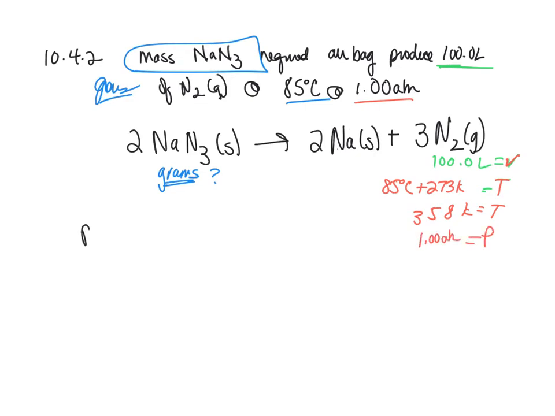So what all do we need? PV equals nRT. We have P. We have volume. We have temperature. And we need to figure out moles.